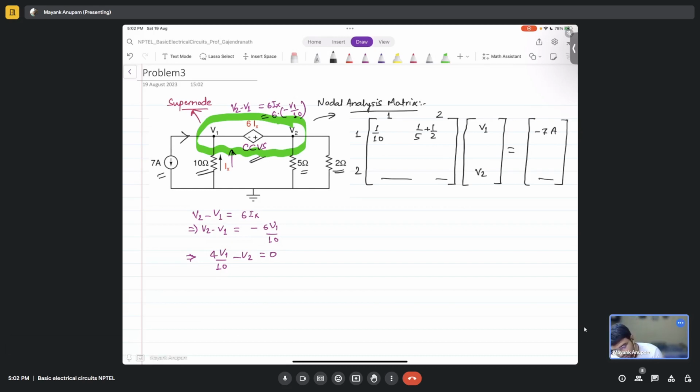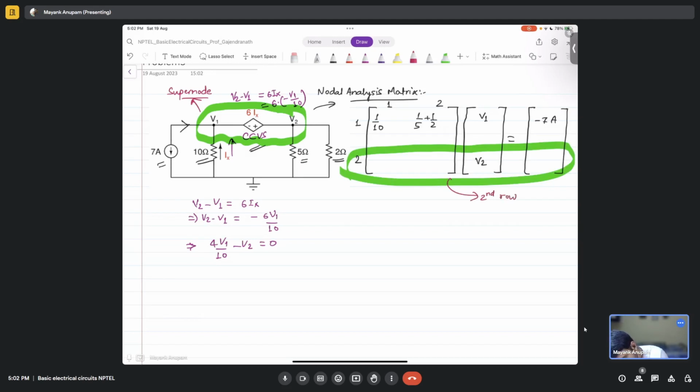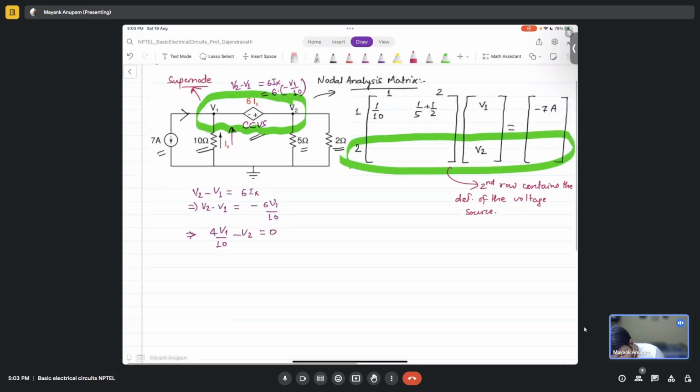So the second row contains the definition of the voltage source, right? So what is the definition of this voltage source?